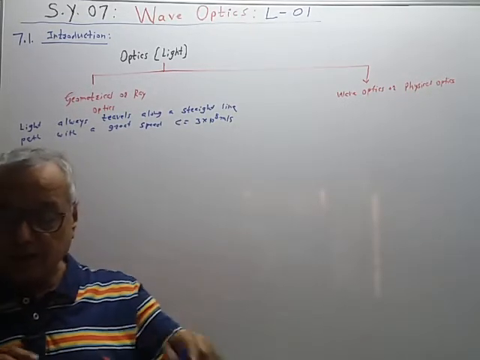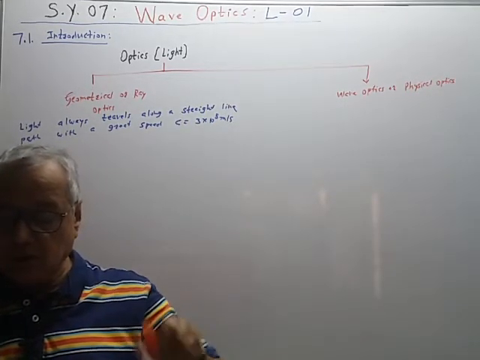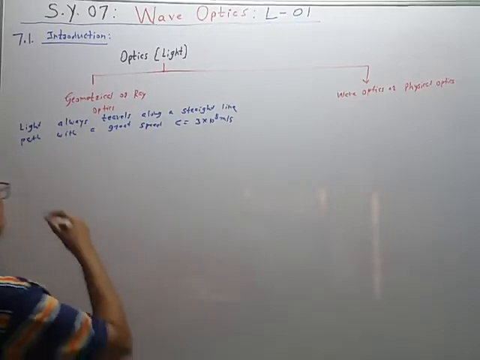So this straight line path is called a ray of light.